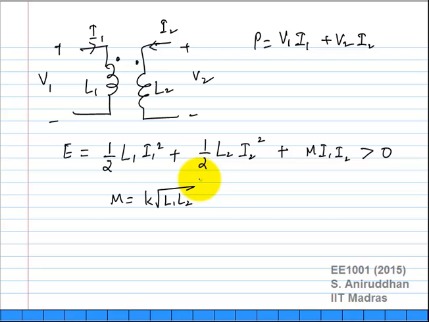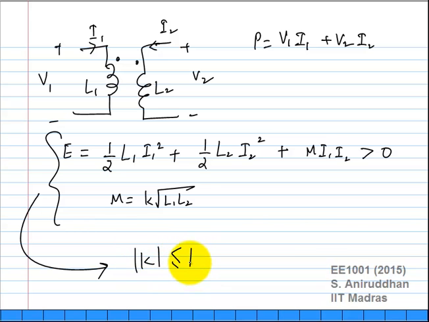So you can look at this from an energy point of view. From a physical point of view, from the flux also it makes sense. From the energy also it makes sense. You put these two together, this will tell you that the magnitude of K should be less than or equal to 1.